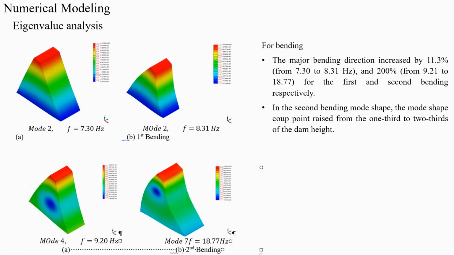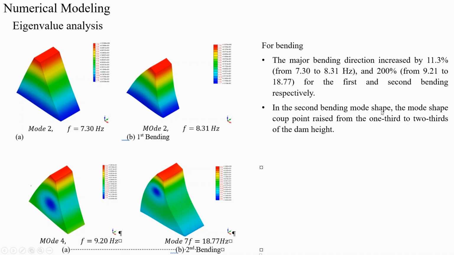But for bending in the major bending direction, the natural frequency increased from 7.3 to 8.31, which means it increased by 11.3%. For the first and second bending, the first bending increased by 11.3%, and the second bending frequency increased by 20%.